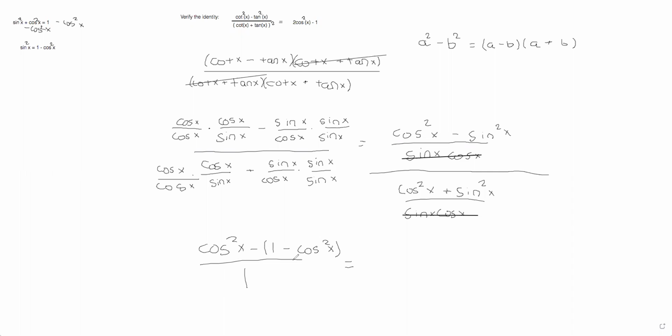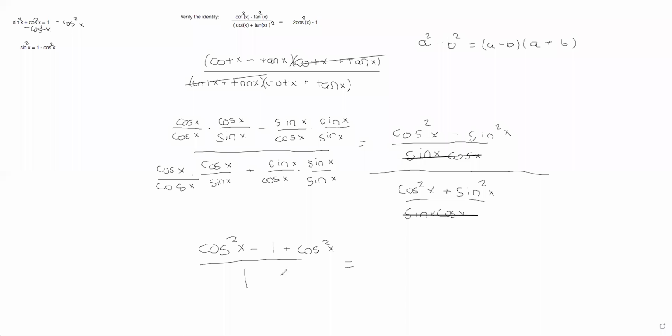We don't have to put the 1 there again. It's just going to be a simple expression with no denominators, no fractions whatsoever. So I'm going to simplify this. We have to start by distributing the negative. So this is going to turn into minus 1, and then we're going to have a plus cosine squared x after we distribute.